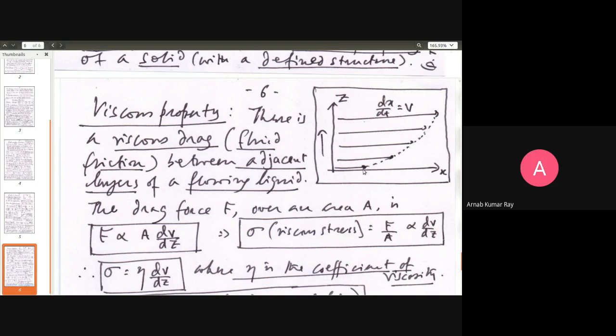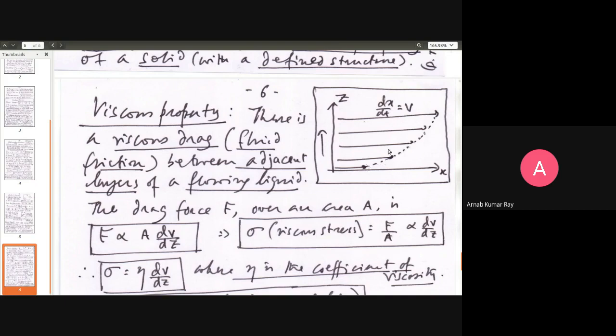As you can see, the layers that are above are flowing faster than the layers below. And the slowest moving layer is the one that is just sticking to the tabletop. You have, by mistake, overturned a glass of water, and the water is flowing out. So the higher layers are moving faster than the lower layers, and the slowest moving layer is the bottommost layer.